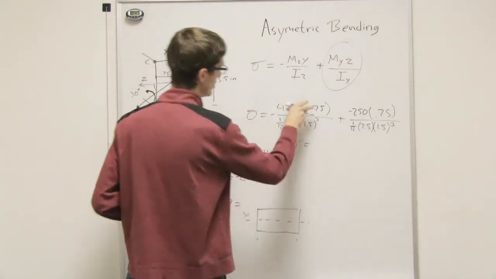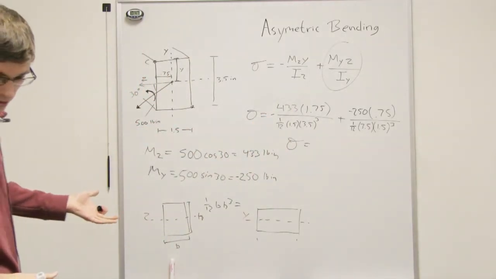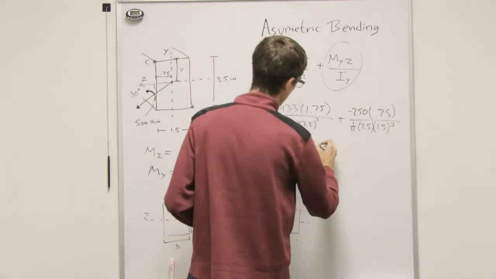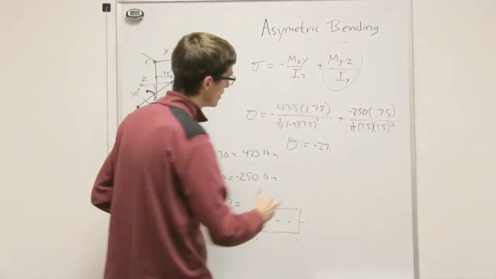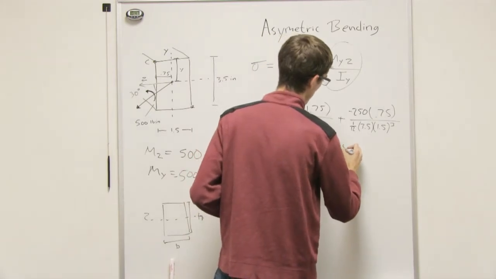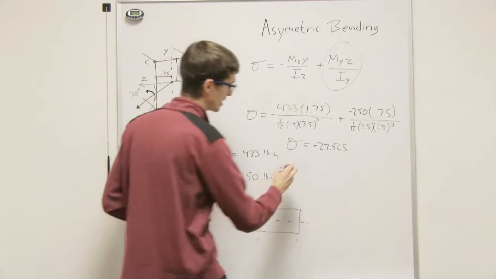the bending is equal to this section. I found that the bending stress about the z is going to be negative 23.565 in that compression corner. That makes sense. Negative is in compression. That's exactly what we expected.